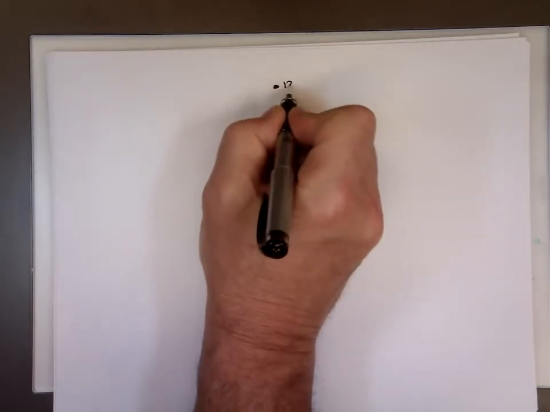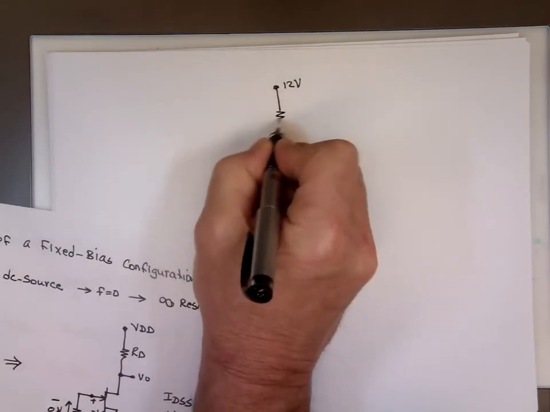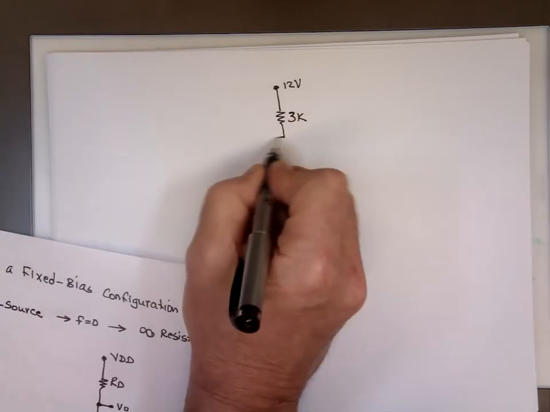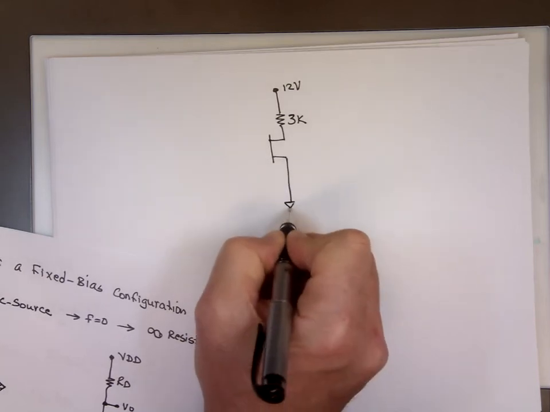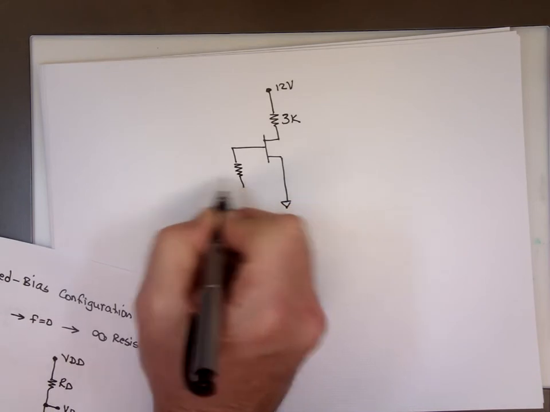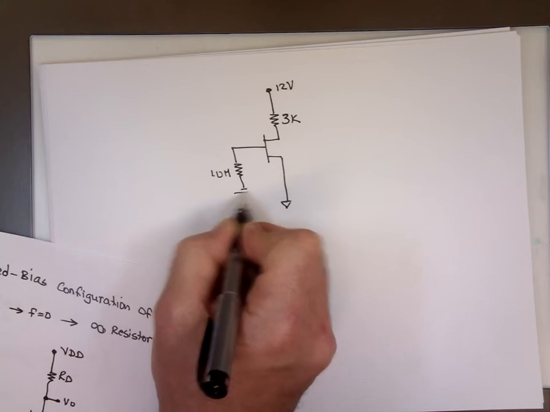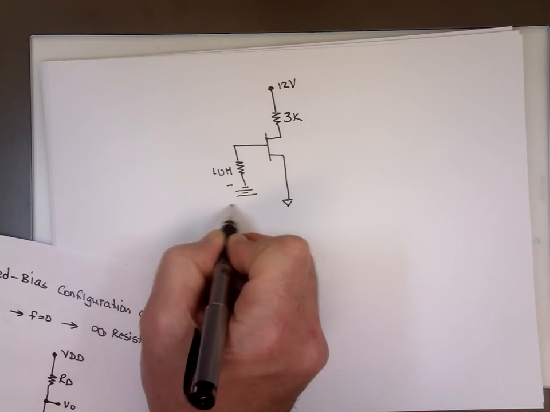So here we go. I'm going to put VDD equals 12 volts. R sub D, the resistor on the top, let's give it a value of 3K. And let's put R sub G here, 10 meg. And let's put a voltage source of negative to positive 5 volts.